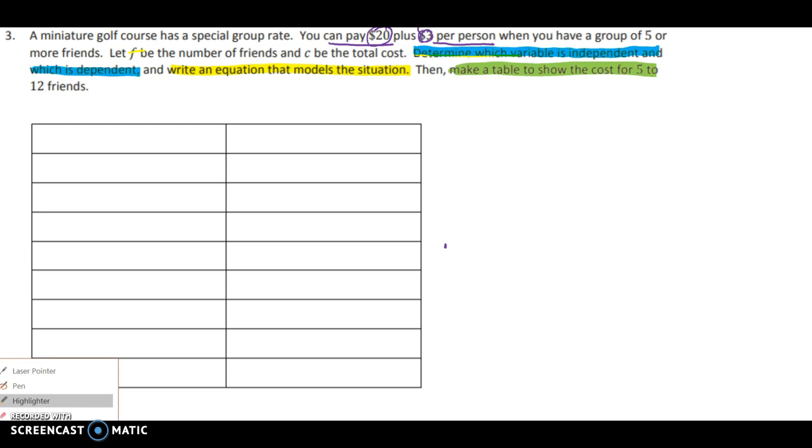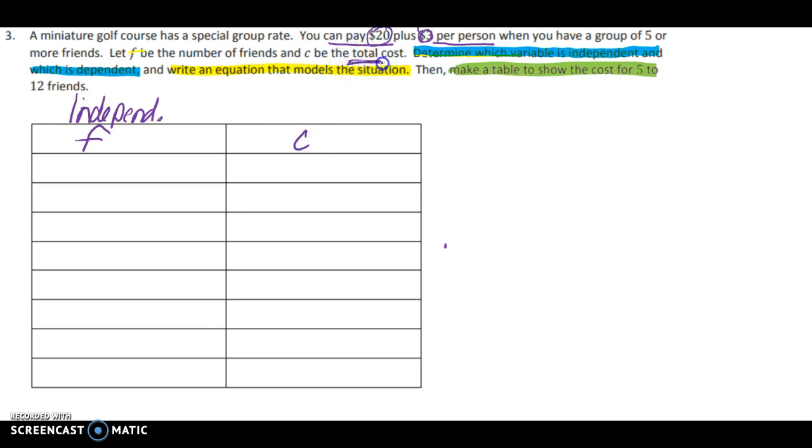So here we go. Let's do purple. So we know that F is going to be the number of friends. So F is my independent variable. I'm going to abbreviate that. C, that's my total cost.